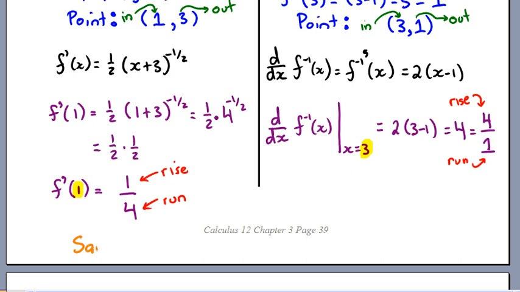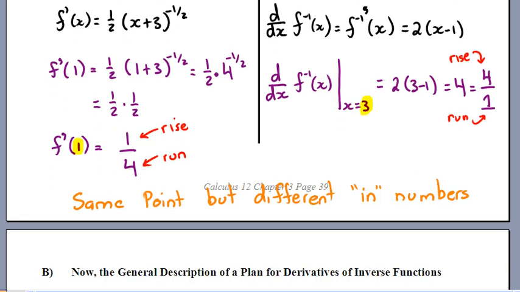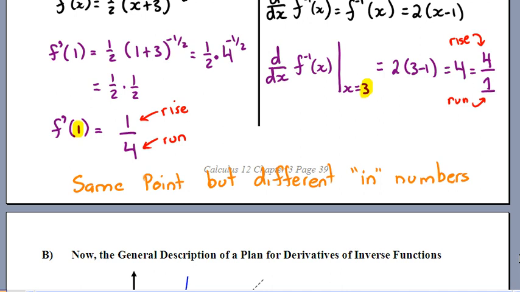So it's the same point, exactly the same place. But when we look at these functions, it's different in numbers. On the function, I have to put the 1 in. On the other one, I have to put the 3 in.